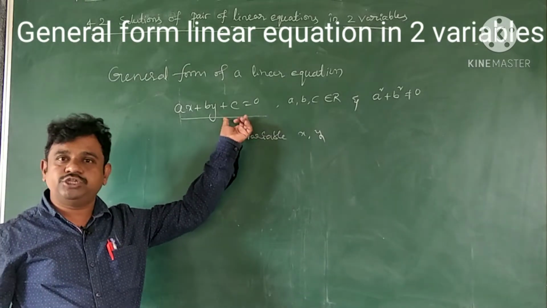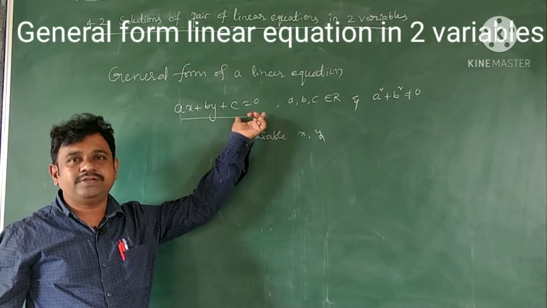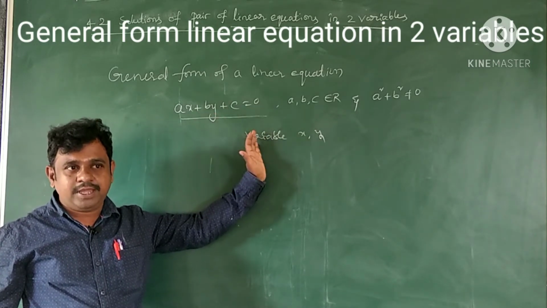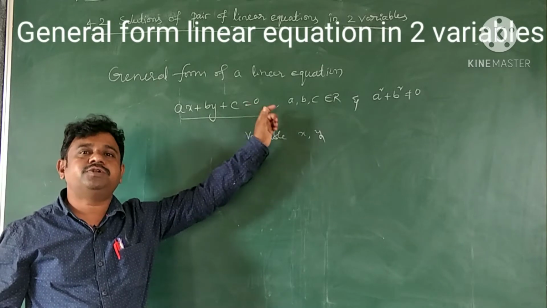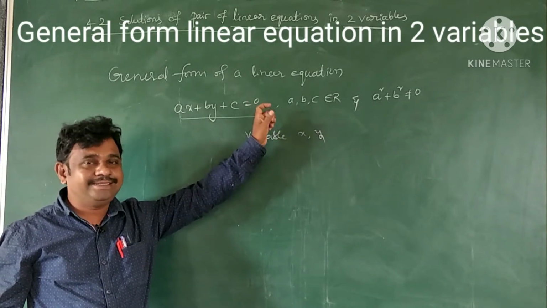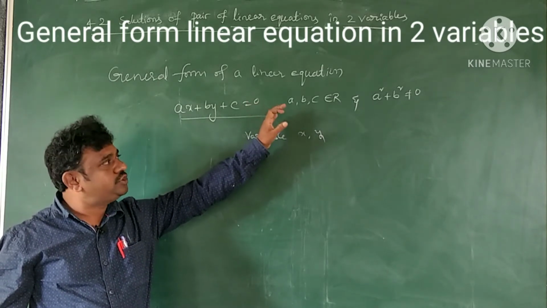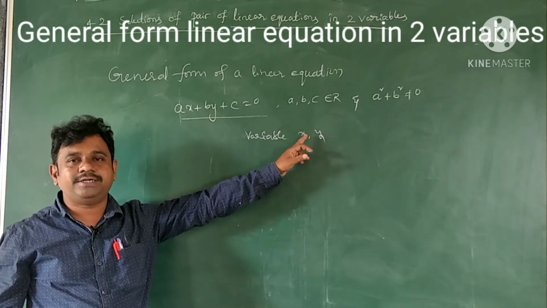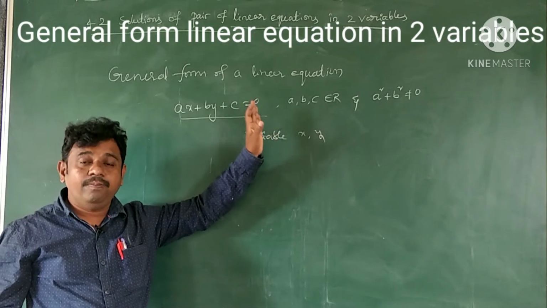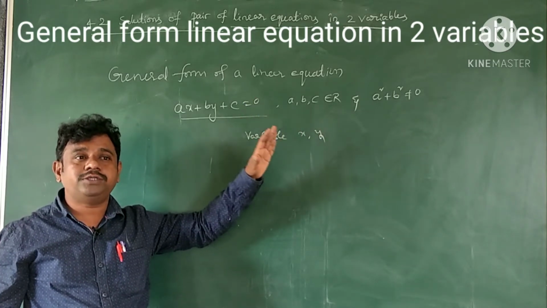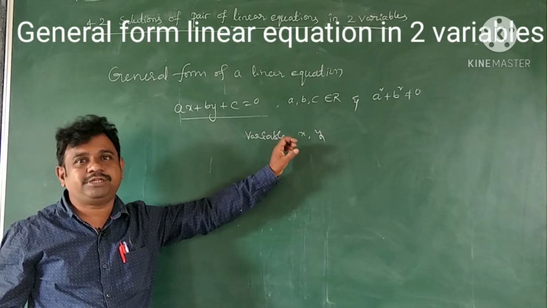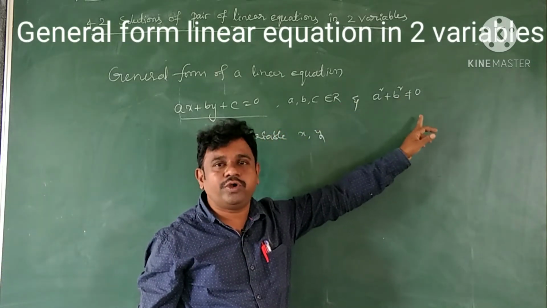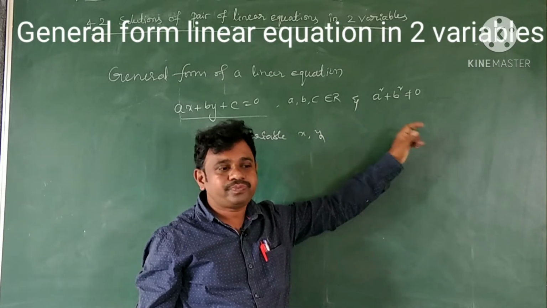This is the general form of a linear equation in two variables. Here a and b are non-zero at the same time, that is nothing but a square plus b square not equal to 0.